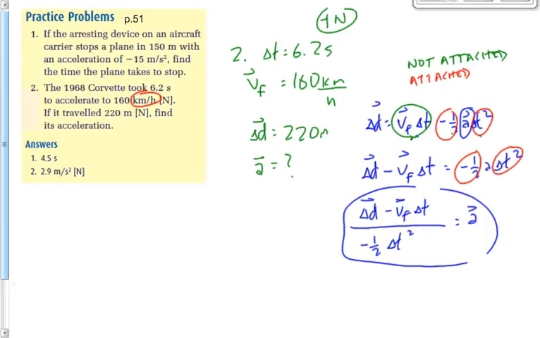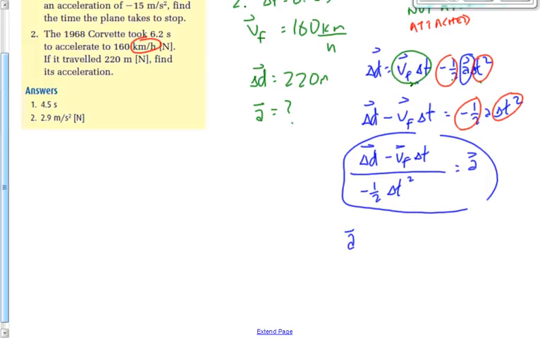Let's say now A is equal to D, which is 220, minus, we have to convert that to meters per second. Anybody have that? 44.4. You got that by multiplying by 1,000 and dividing by 3,600.